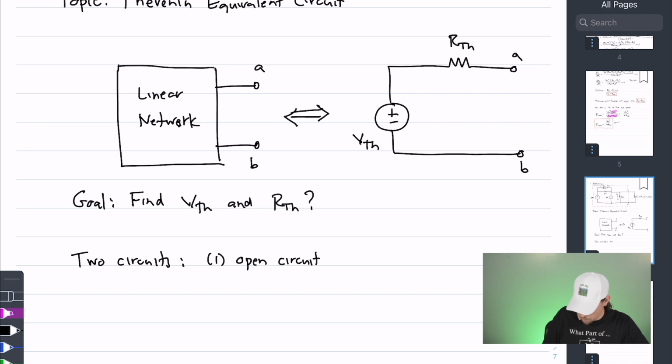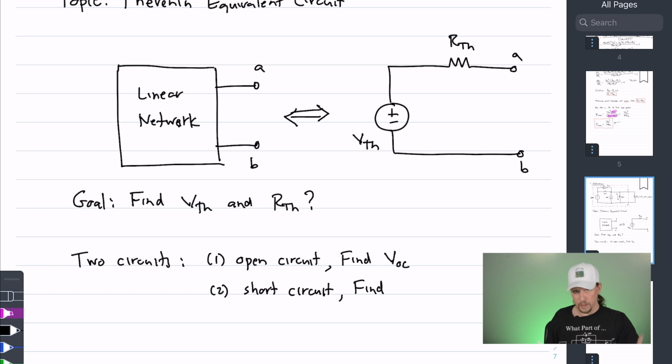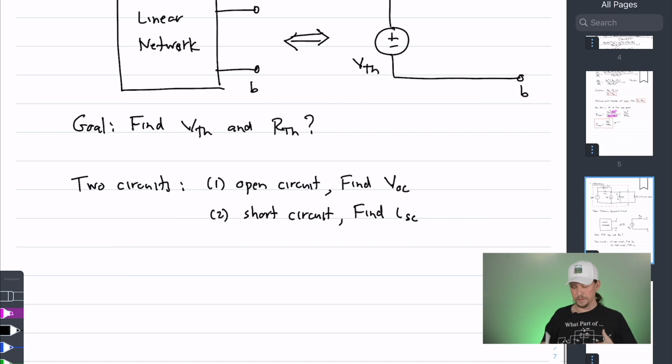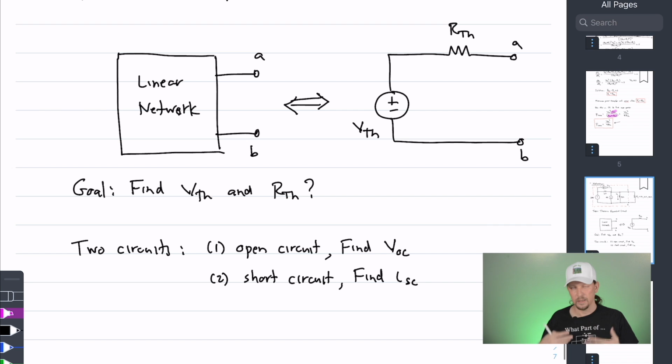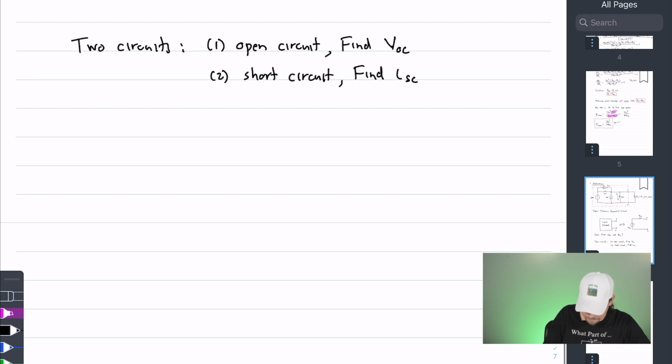And given the open circuit, we're going to find what we call the open circuit voltage. The second circuit that we're going to take a look at is what we call the short circuit. And by looking at the short circuit, given the linear network, we're going to find what we call the short circuit current. And given these two parameters, we can then find the unique Thevenin equivalent to the given linear network. So let's see how to do that.